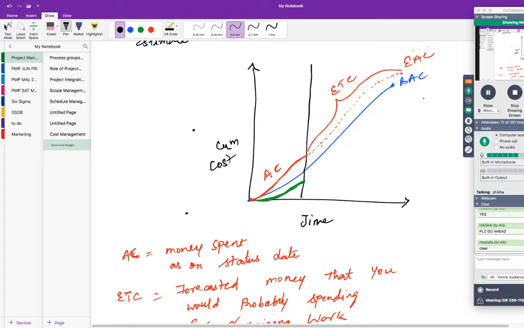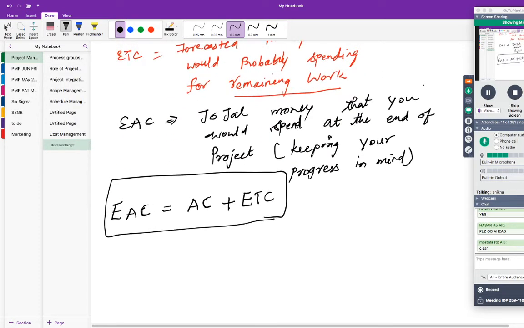Now let us see. I'm going to ask you a question. I want a formula, as of now you know all the concepts, but I want you to tell me in formula format. The formula for remaining work, and the formula for remaining money or remaining fund.